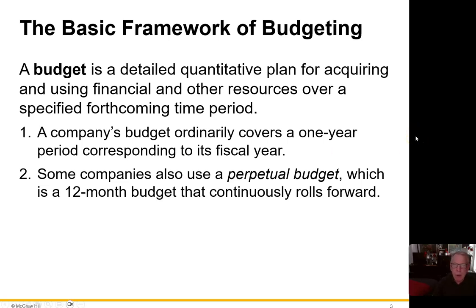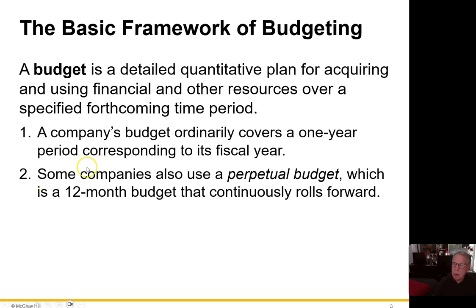So our basic framework of budgeting includes a detailed quantitative plan for acquiring and using financial and other resources over a specified time period. In number one here, a company's budget ordinarily covers a 1-year period corresponding to its fiscal year. Oftentimes we will add another 4 years on top of that, and that will represent our long range planning.